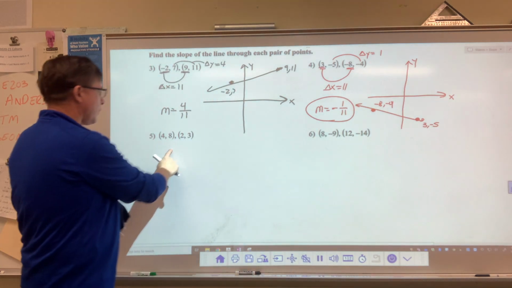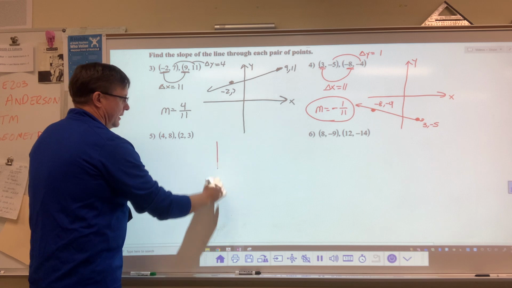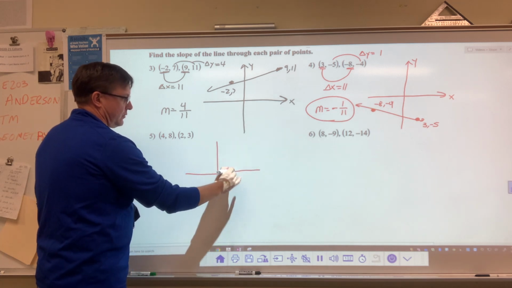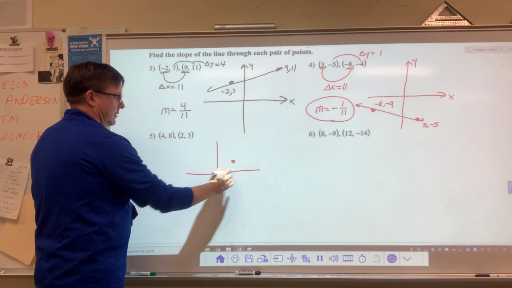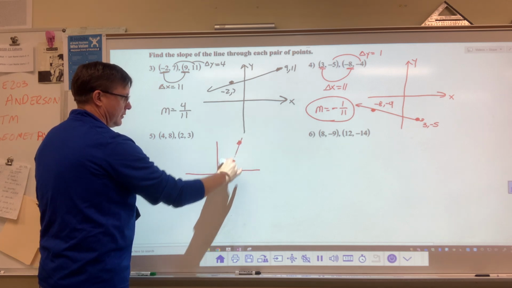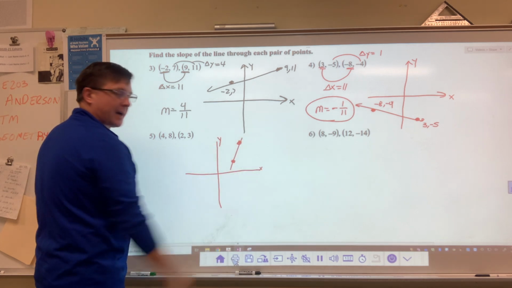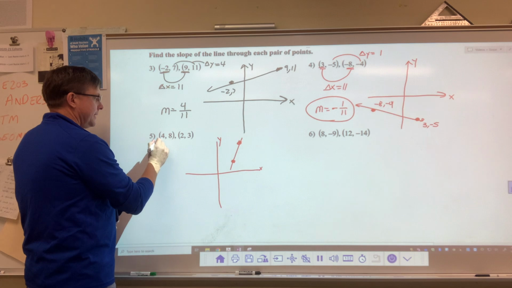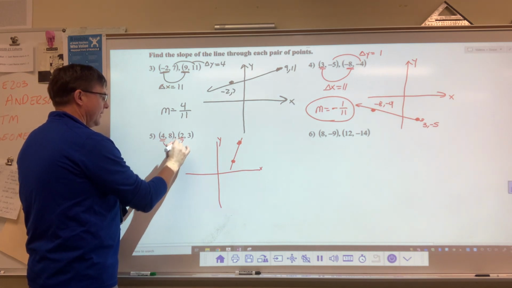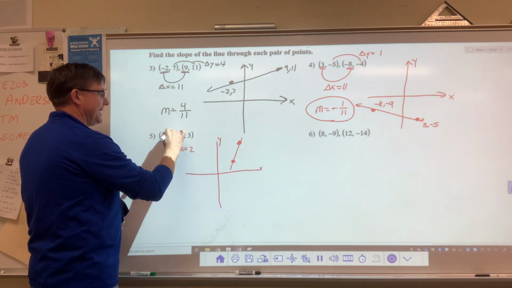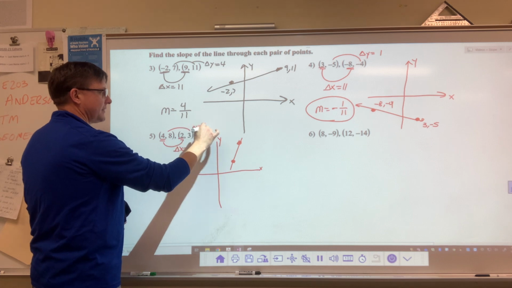All right, let's keep red for number 5. And this time I'm going to do it a little faster. (2, 3), boom. (4, 8), boom. Guys, it is a positively sloped line. 4 to 2 on the x, delta x is 2. 8 to 3 on the y, delta y is 5.